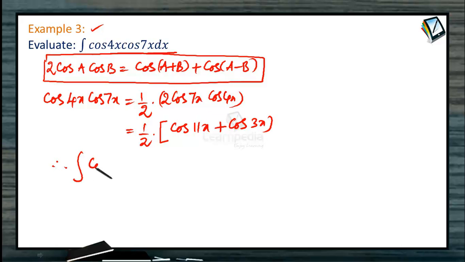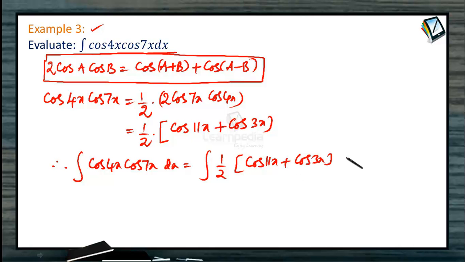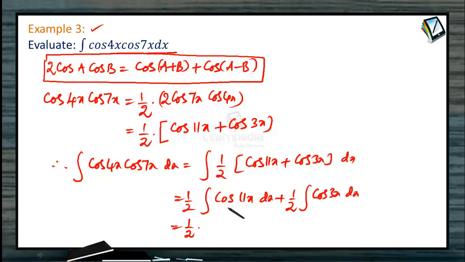Therefore the integral of cos 4x into cos 7x dx can be written as the integral of half times cos 11x plus cos 3x dx. If I separate using the algebraic property, half times integral of cos 11x dx plus half times integral of cos 3x dx. Again it is in the form of f of ax plus b.